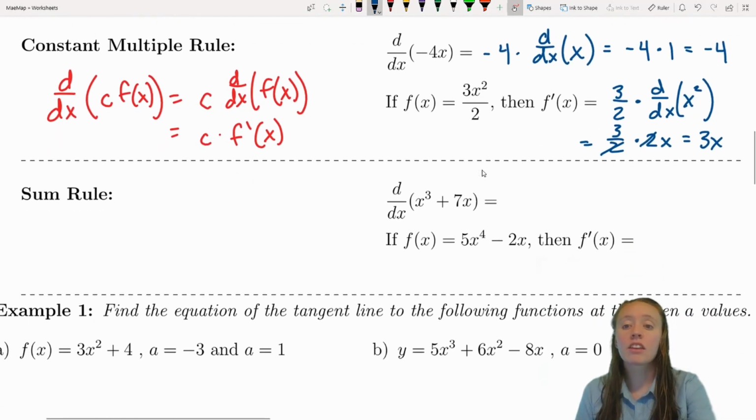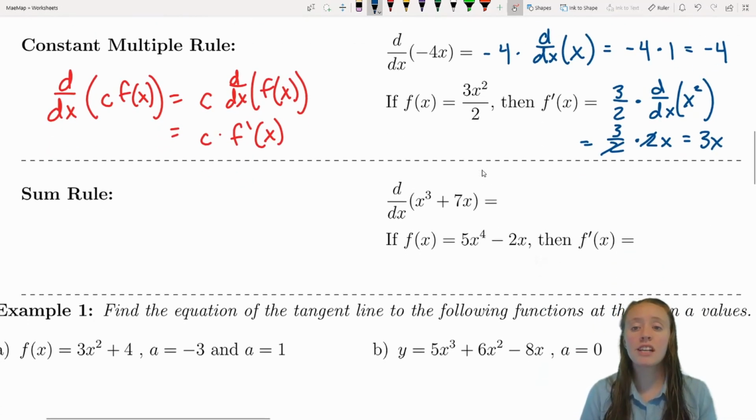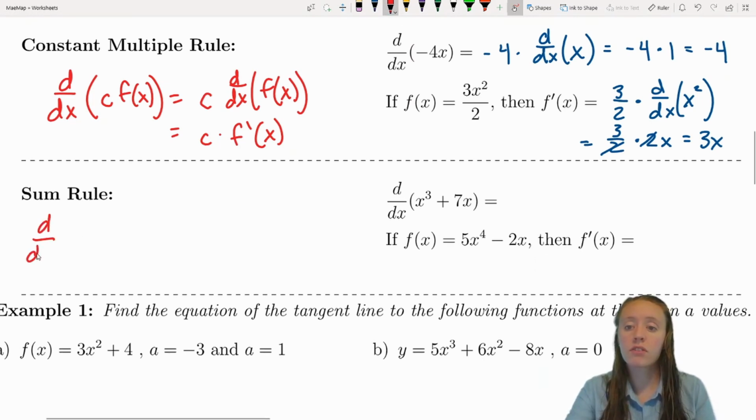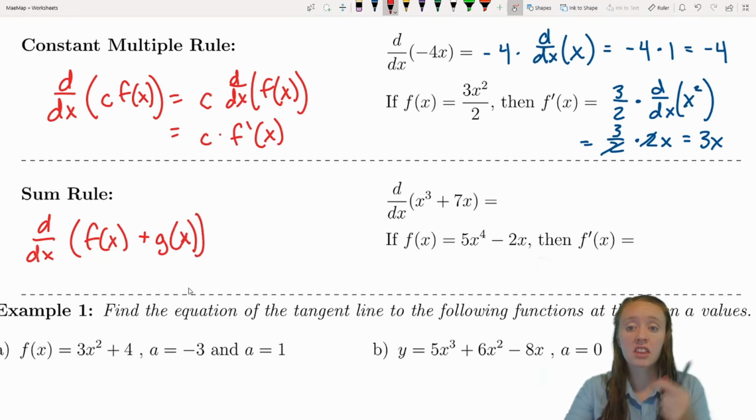And lastly, the rule that we're going to go over in this worksheet is going to be the sum rule. So if I'm taking the derivative with respect to x of my function f of x plus my function g of x, well, similar to the limit rule, I can just take the derivative of each and add those derivatives together.